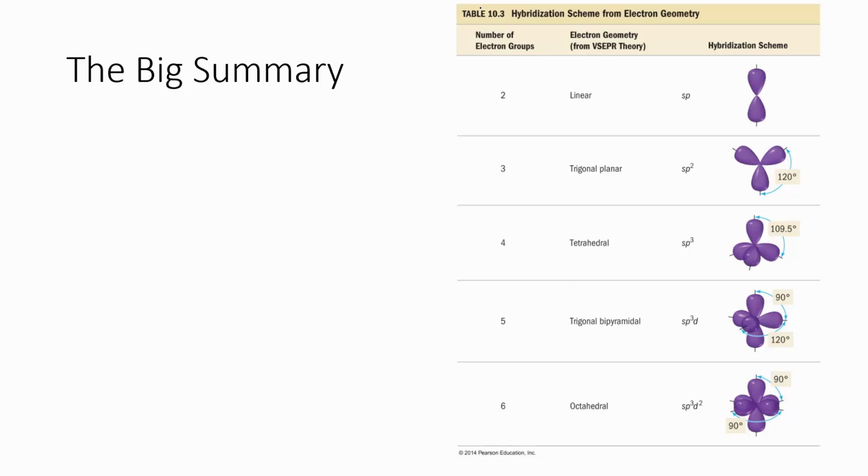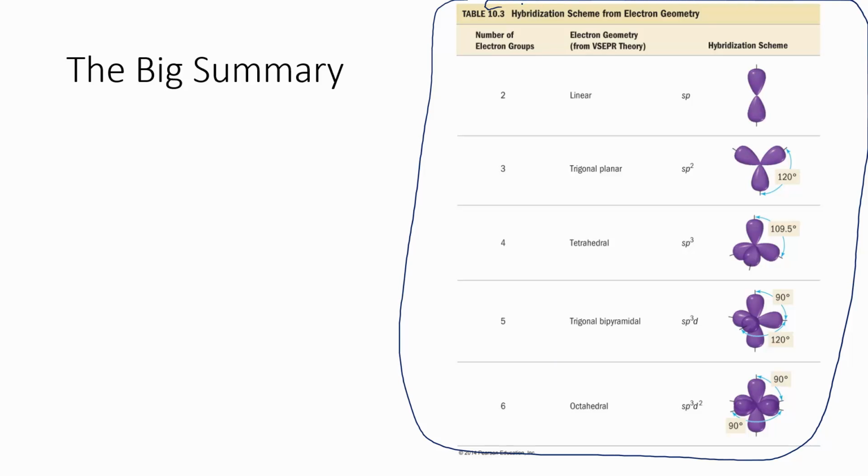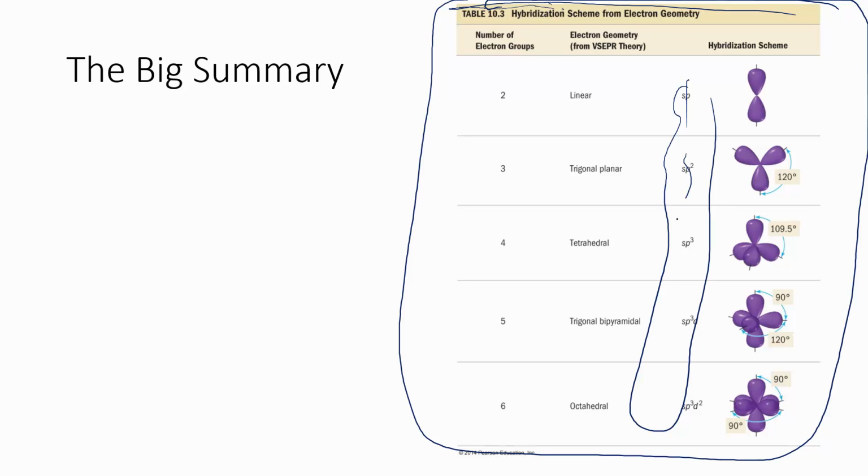So we have 2 basic ways to look at this. We're just looking at the shapes here, so don't get too hung up on any of this other hybridization idea, pretend like you can't see that right now. But if we have 2 groups, 3, 4, 5, or 6, the base shape that it adopts is what we know.